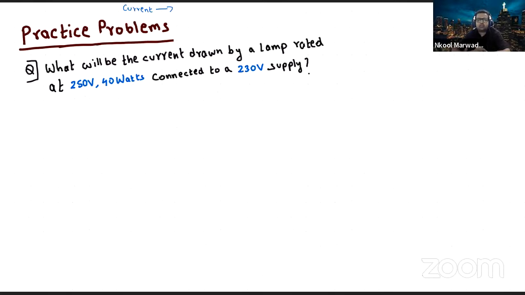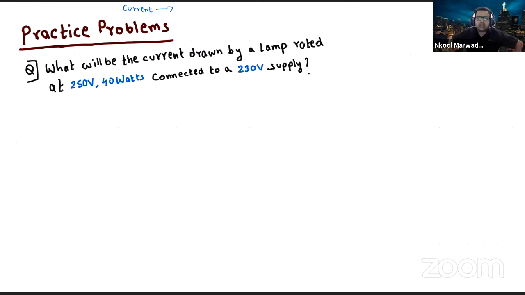In this question, I have a lamp and the power rating of the lamp is given. It means that the lamp can operate at max at a voltage of 250 volts. Above that, it will blow. So at max, you can pass a voltage of 250 volts to power that lamp.